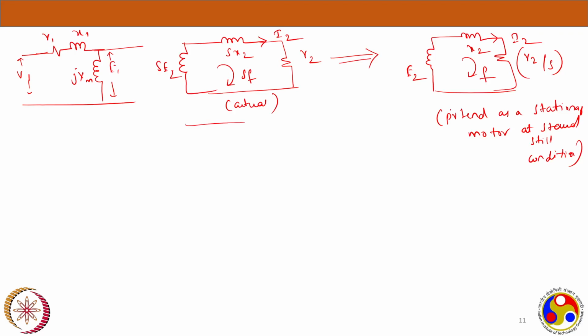See, in both these cases, the stator can't differentiate which machine is which, because in both cases I2 is the same. So the amount of current my stator should draw, that is the reflected current, to maintain the MMF balance will be the same in both cases. So there is no difference. Your behavior in the stator won't change. That's how they have changed the circuit so that it will be easy to join both these equivalent circuits.